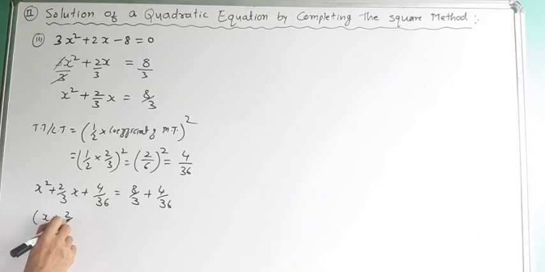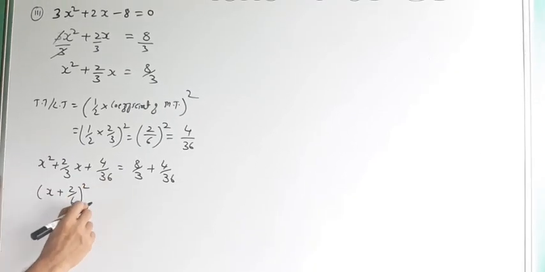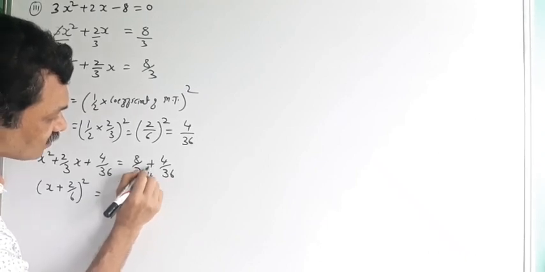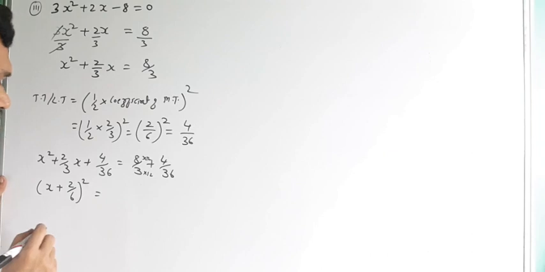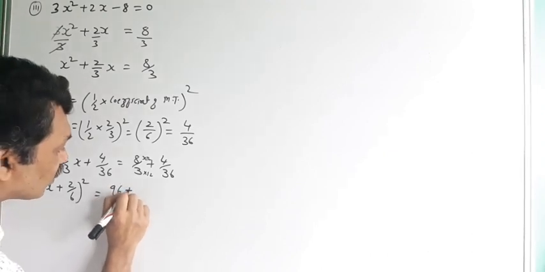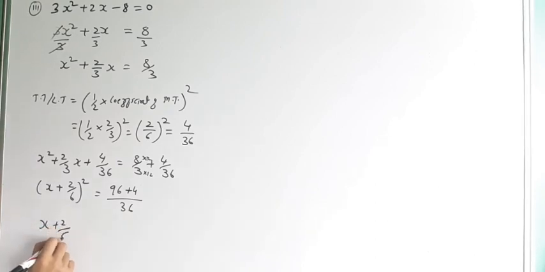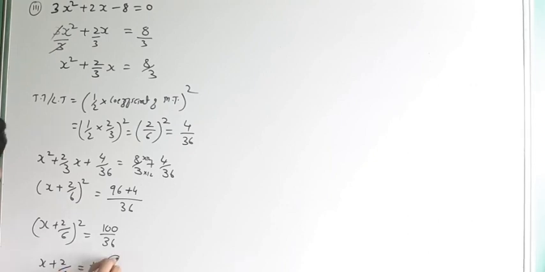Here, 2 upon 6 the whole square. For the right side the LCM is 36, so 3 times 12 is 36, 12 times 8 is 96, plus 4 upon 36. Therefore x plus 2 upon 6 the whole square is equal to 100 upon 36, and therefore x plus 2 upon 6 is equal to plus or minus root of 100 upon 36, which is plus or minus 10 upon 6.